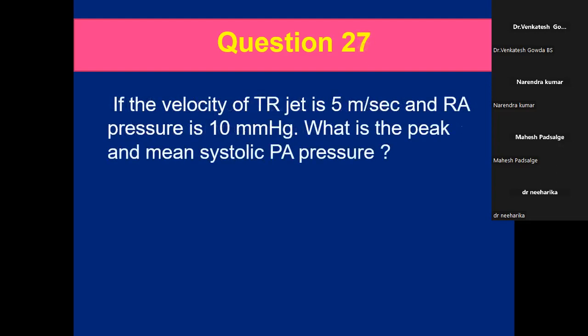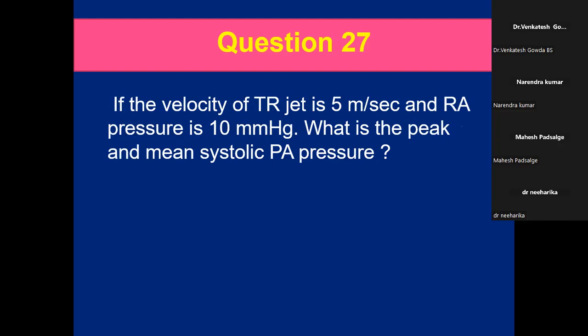If the velocity of the TR jet is 5 meters per second and RA pressure is 10, what is the peak pulmonary artery pressure? 110. 5 into 5 into 4 is 100, plus 10 is 110. Great.